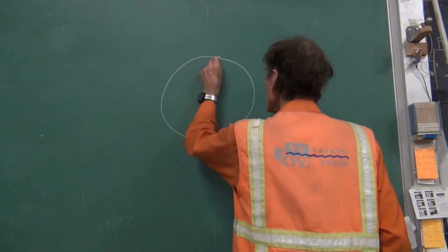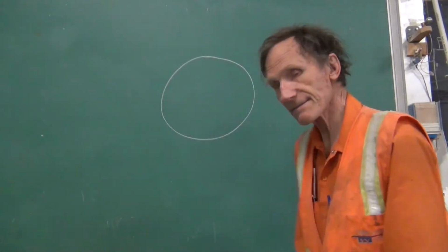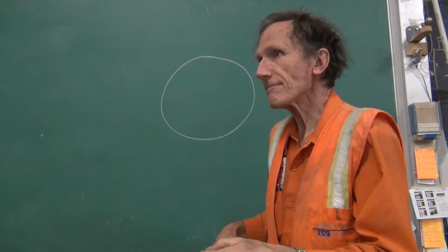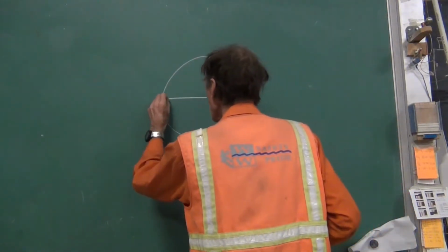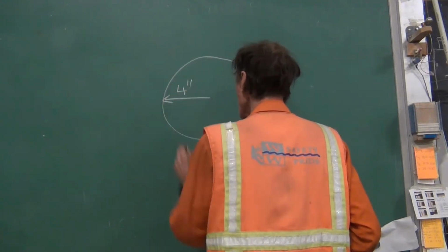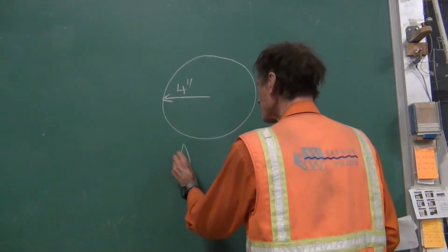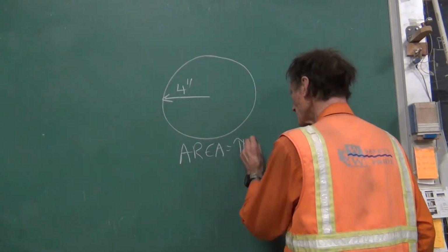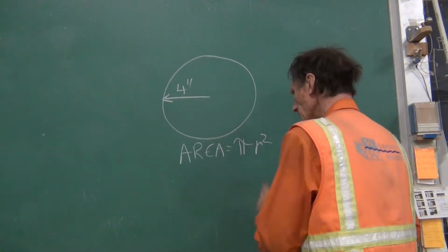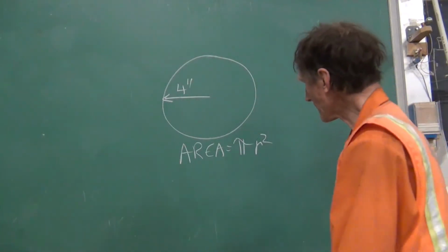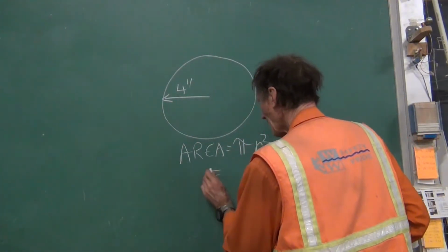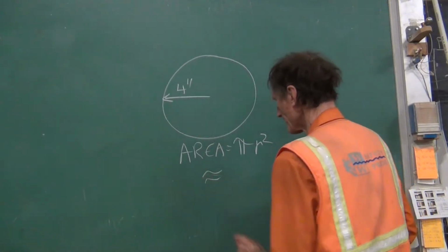Okay, you have a circle here, and that circle is 8 inches in diameter, which means 4 inches in radius. So if that's 4 inches, and the area of any circle is just pi r squared, well, we can do this. So pi is 3.14, let's call it 3. And let's just do a squiggle here, so it doesn't really matter if it's exact.